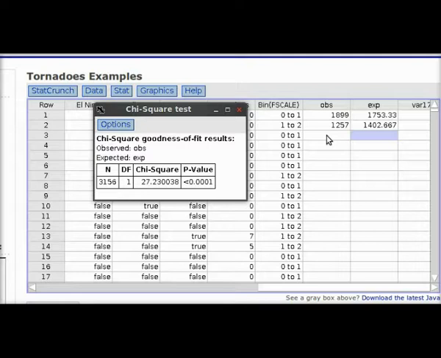It appears that during an El Nino year, the frequency of tornadoes is actually less than what's expected, and consequently the observed number is higher than what's expected for the non-El Nino years, assuming that it's the same distribution every year. And there you go. That's how you want to approach question 4 and consequently 5 in the homework or in project 2.